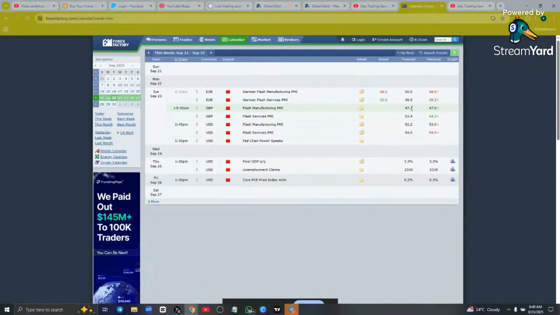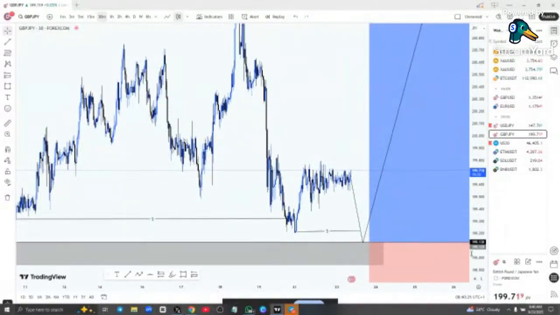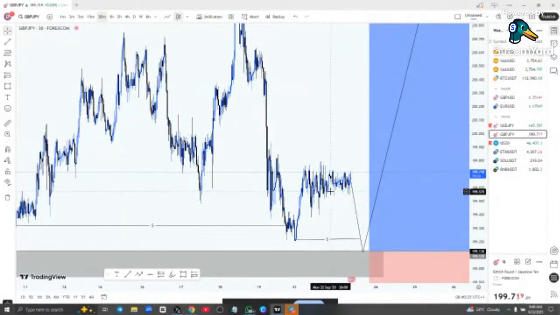So if it comes out high, then we can expect GBP, GBPJPY, to likely buy. Right, it's already giving the reaction now. The news is a few minutes away and already giving the reaction.